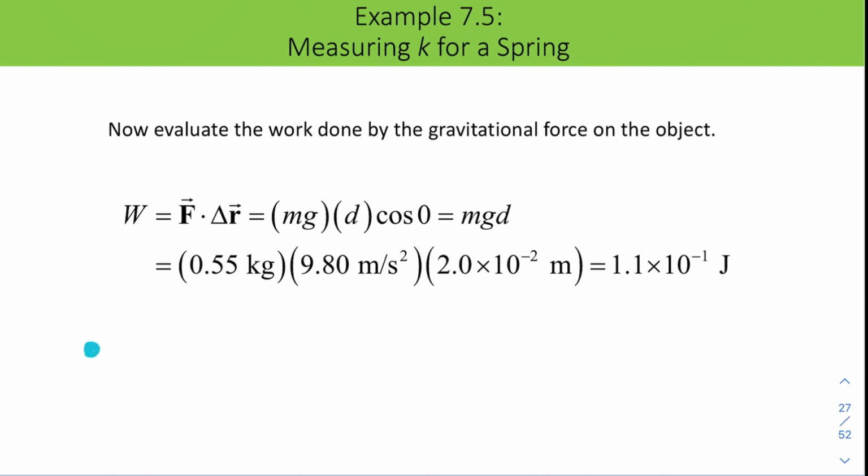Because this is our bob just now. The weight is downward, and the d is also downward. That is why the angle between the weight and the d is 0 degrees, and cos 0 gives you a value of 1. That is why finally this formula becomes mgd only. So you will have this amount of work done by the weight on the spring.